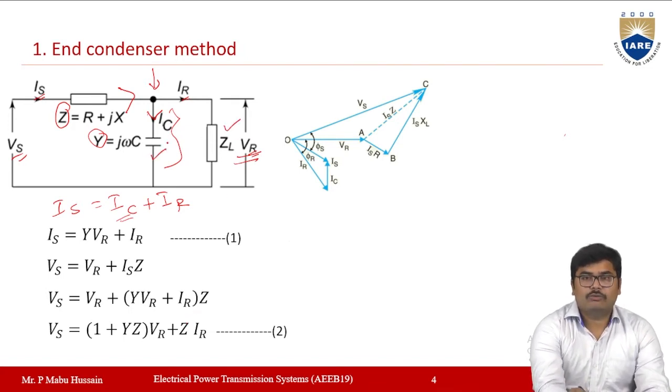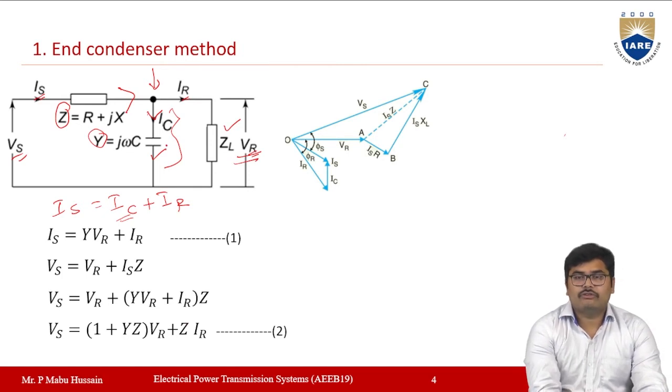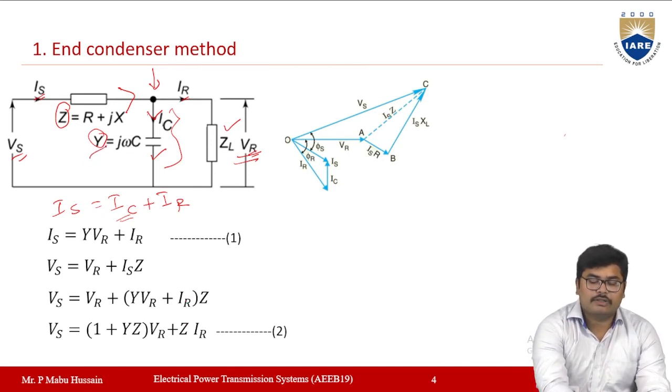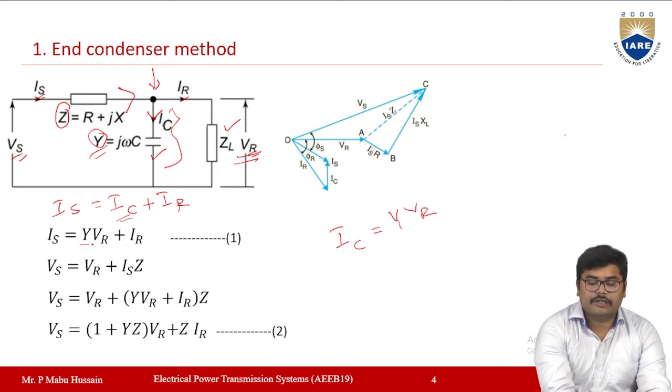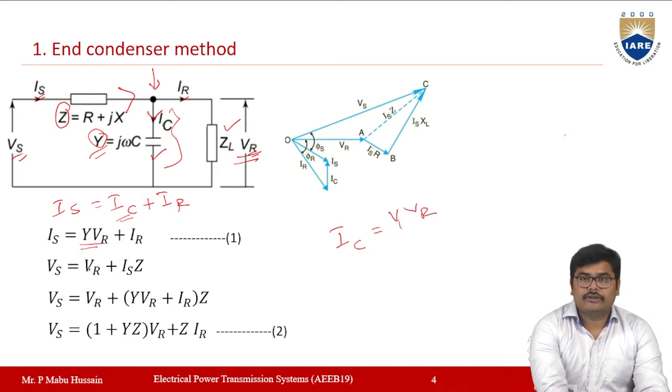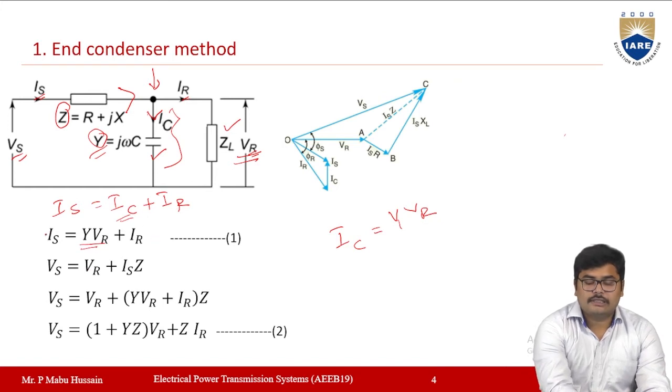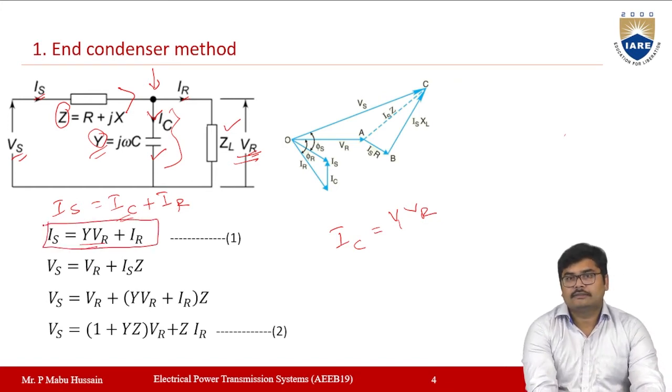So Vr is the voltage across the capacitance. Once you know the voltage and the admittance of the capacitance, the current Ic can be written as Y into Vr. So Is is equal to Y into Vr plus Ir.